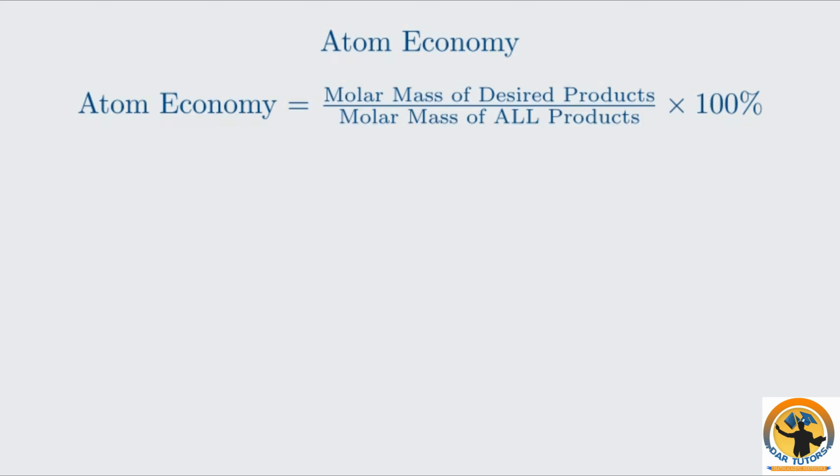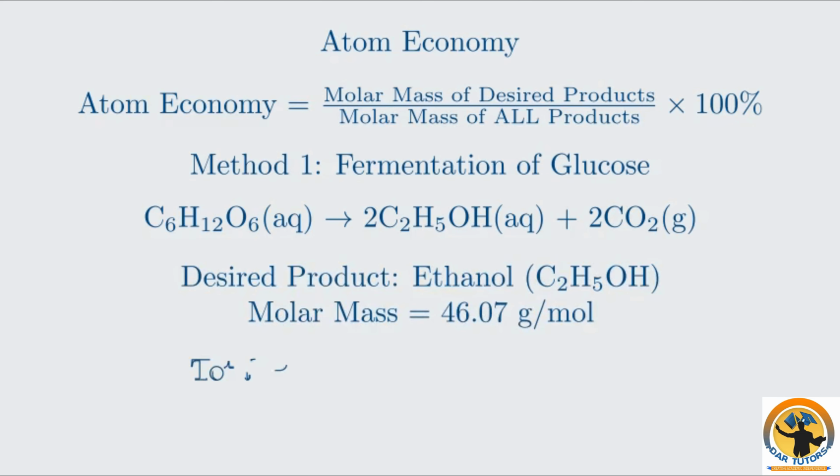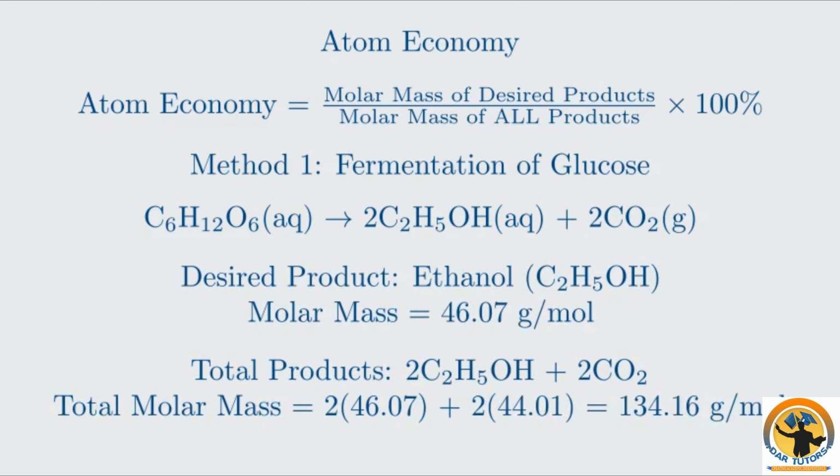Let's compare two common methods for producing ethanol to see which is more atom economic. Method 1 is the fermentation of glucose. The equation is C6H12O6 yields 2C2H5OH plus 2CO2. The desired product is ethanol. Its molar mass is 46.07 g/mol.